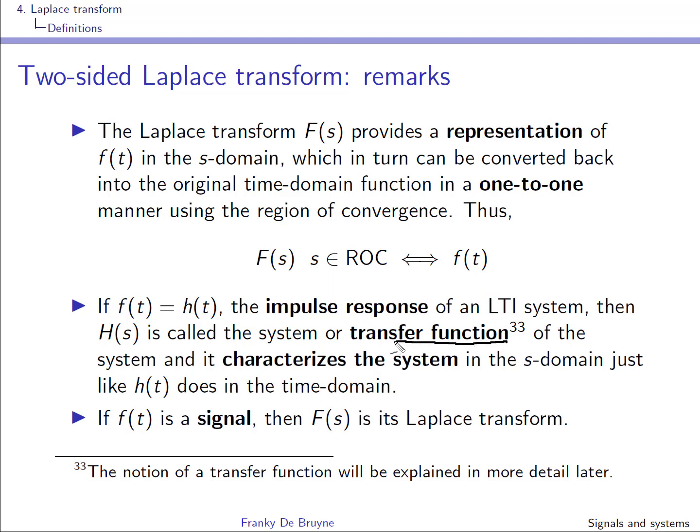We'll come back to that later in the course, and without a surprise, well, H of s will also characterize the system in the s domain, and the roots of the denominator, which we'll call poles, will also be very important. If f of t is just a signal, we call F of s its Laplace transform.